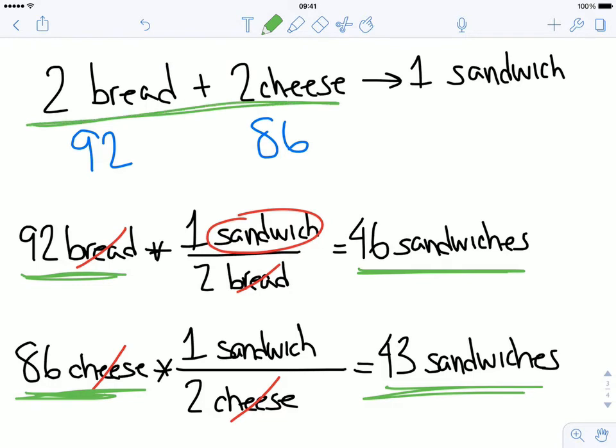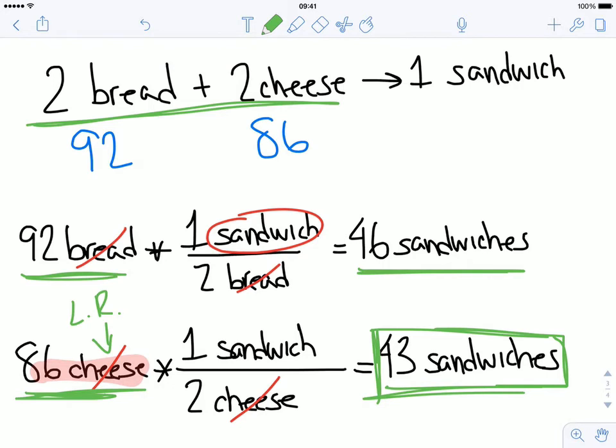The maximum amount of sandwiches we can make is 43. And it's 43 because I don't have enough cheese to make 46 sandwiches. I only have enough cheese to make 43 sandwiches. Therefore, that makes cheese the limiting reactant, and I'll abbreviate that LR. It's the ingredient that's going to run out first.